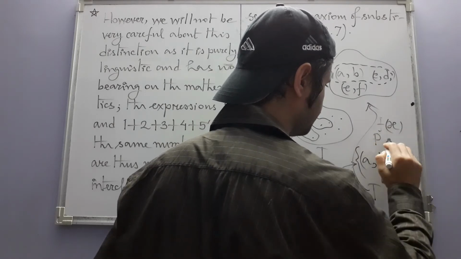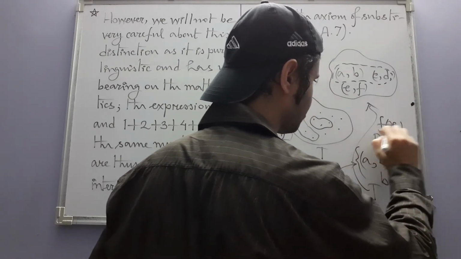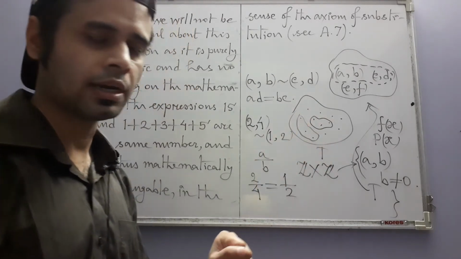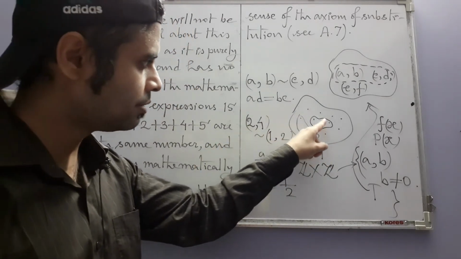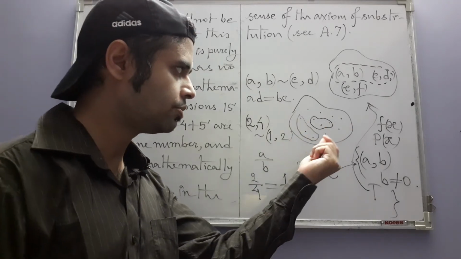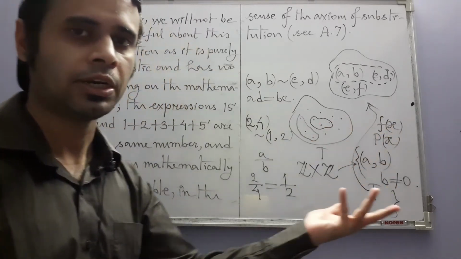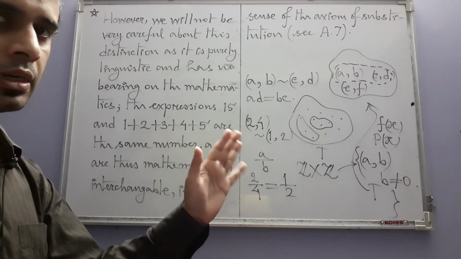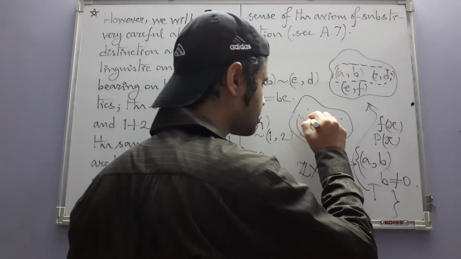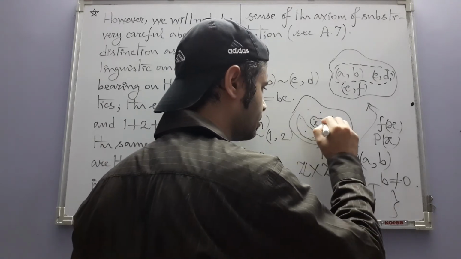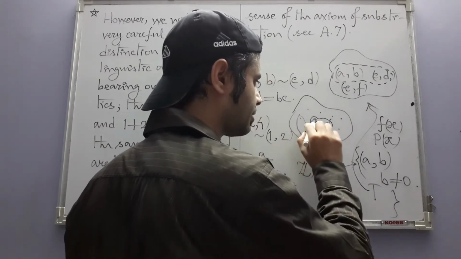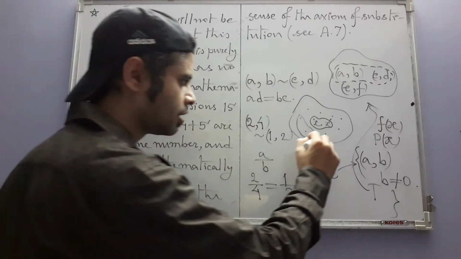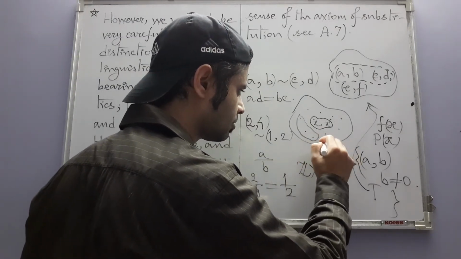For example, there is a function f defined on the objects of this class. You take the elements of this class as input, put that in the function and it will give you an output. What is the nature of the output? That does not matter. Say you have one x here, another x prime here, and they are treated as equal according to the equivalence relation that you have on this class.